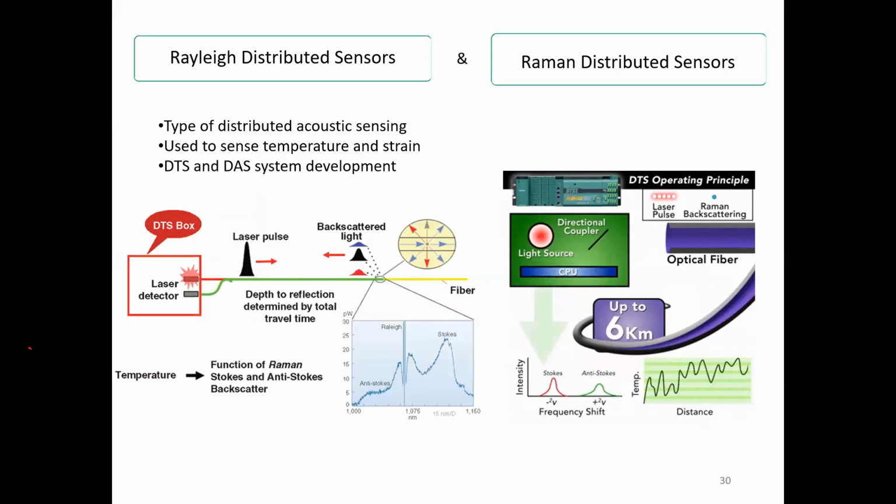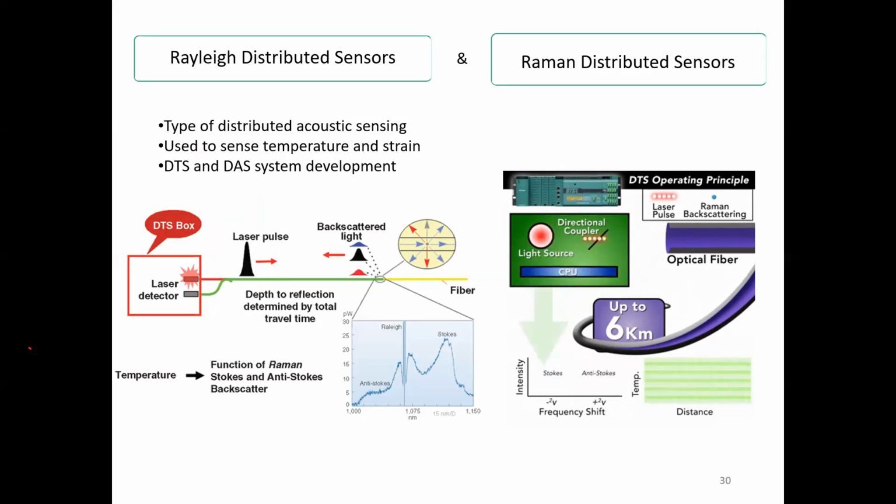So what is Rayleigh scattering? What happens in the optical fiber? Optical fiber glass is not a crystalline material. It is not a homogeneous material. If you look microscopically, there are some high density points and some low density points inside the glass.